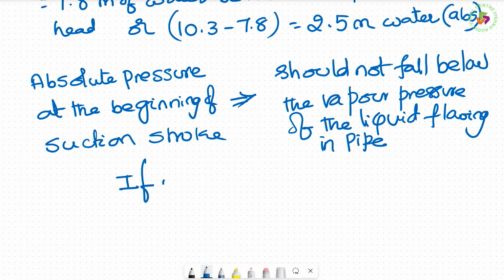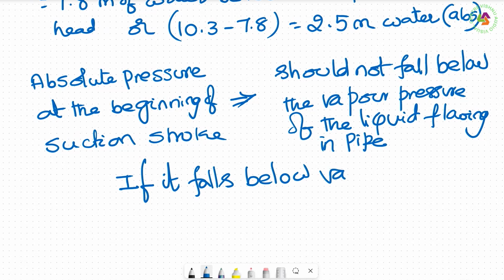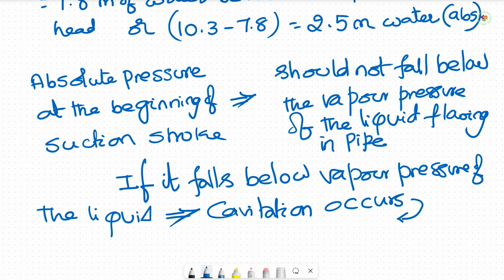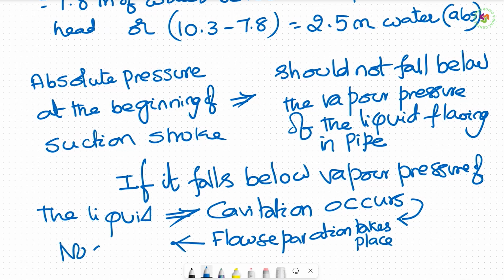If it falls below vapor pressure, cavitation occurs. If cavitation occurs, flow separation takes place. If flow separation takes place, there is no continuity of flow. So this is the problem.